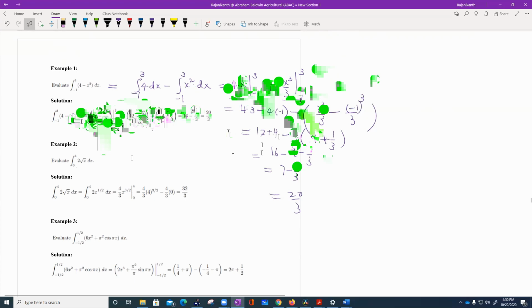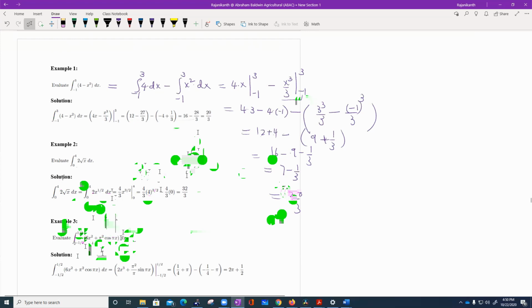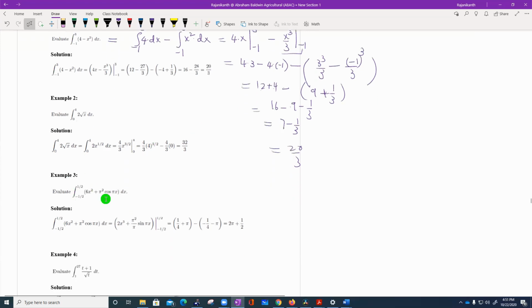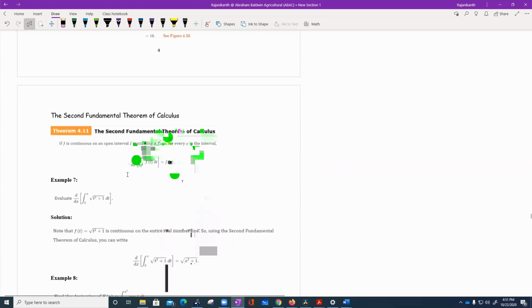Okay. So now remember, at the end of this course, Cal 1, our task is to solve problems like these, finding integrals with limits. So we are almost there. So the fundamental theorem of calculus, the second version, remember I explained this earlier.